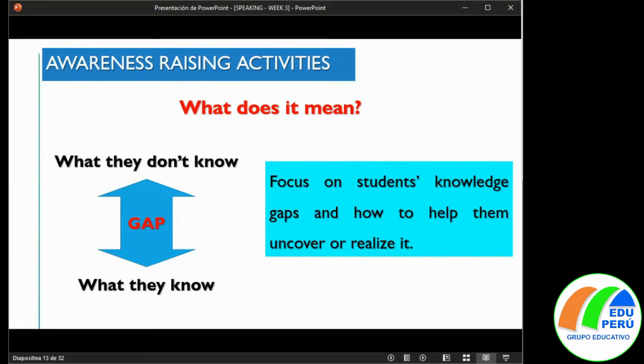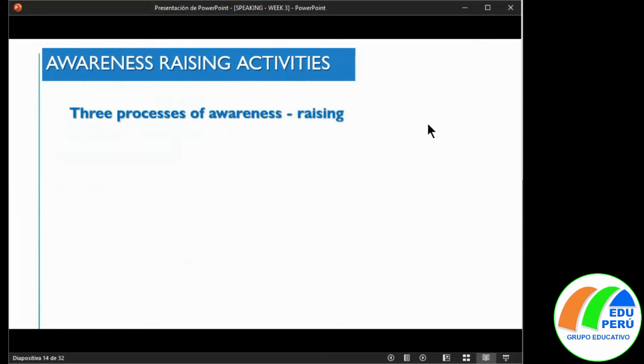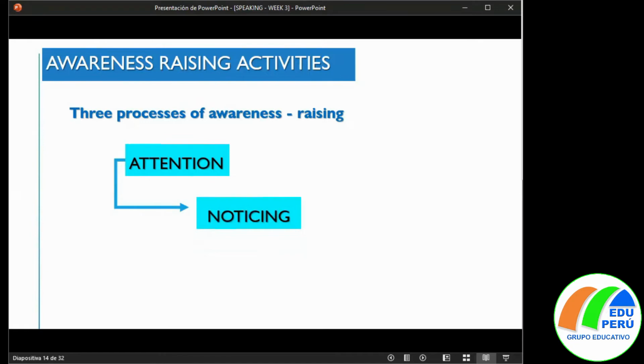Awareness raising activities. And let's start talking about three processes. This process that is inside availability has at the same time three processes. The first process is attention. To make our students aware of something, you need to call their attention. Then the second one is noticing.